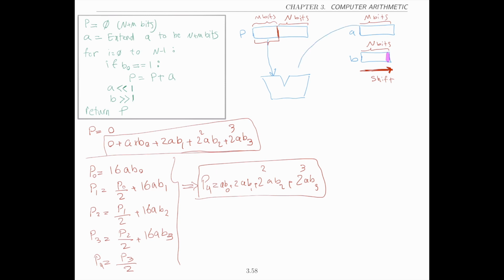If I do that, that's as if we first multiplied A by 2 to the n, because it's like A was shifted n bits to the left and then summed, right? So what we are going to do is just take these bits and add them with the most significant part of P, the most significant n bits of P. We get a result, and that result can go back into the product.